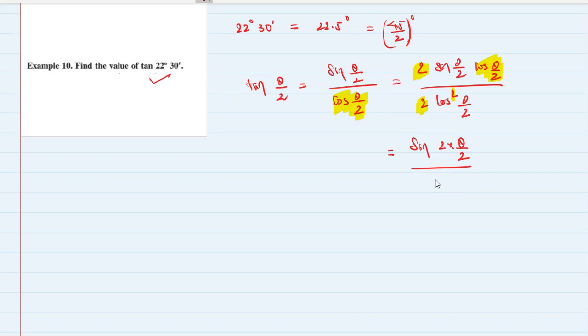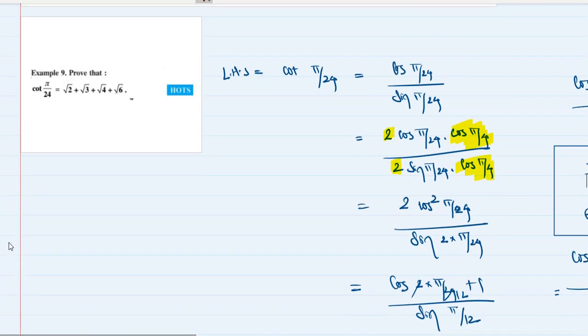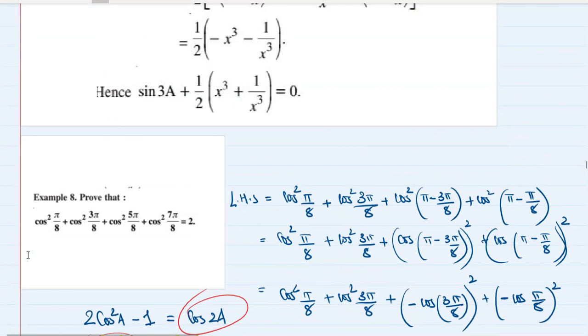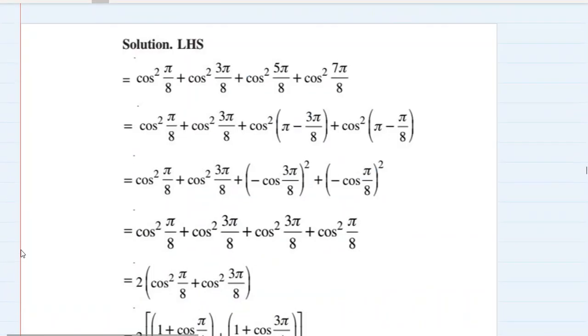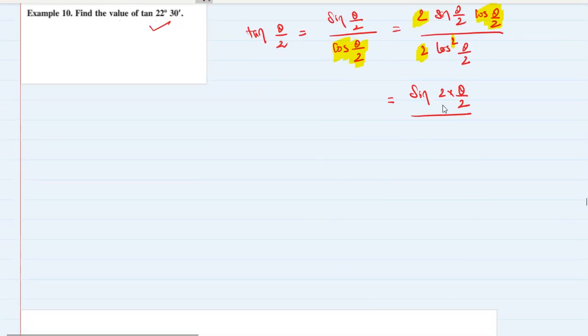Now I just use the formula of 2 cos square A. In the previous question, and the one previous to that, I used this formula. So again let me tell you, 2 cos square A is cos 2A plus 1. I'm using that formula very frequently. So cos of 2 into theta by 2, plus 1. So this will make it easy.